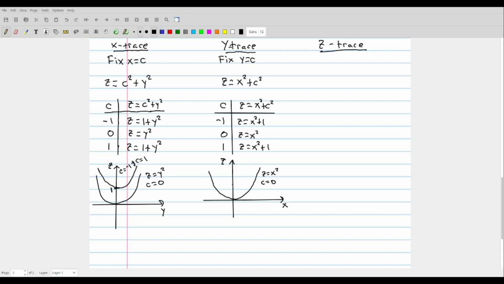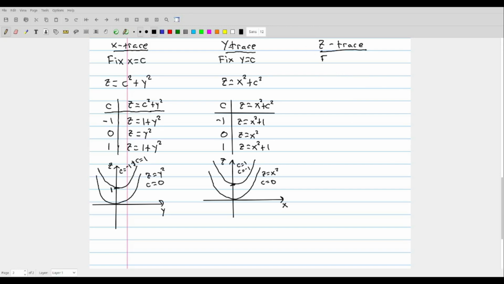And then again, just like before, when c is equal to 1 or when c is equal to -1, you get the parabola x squared plus 1.